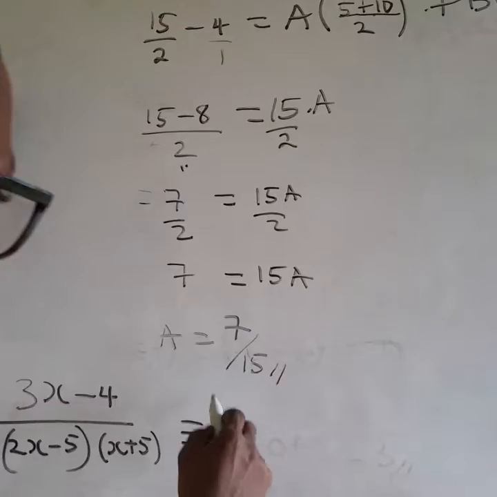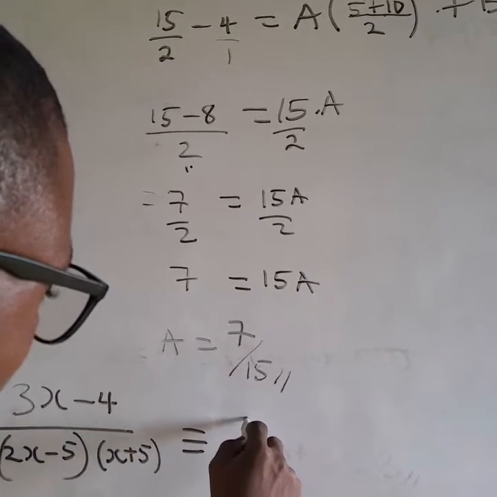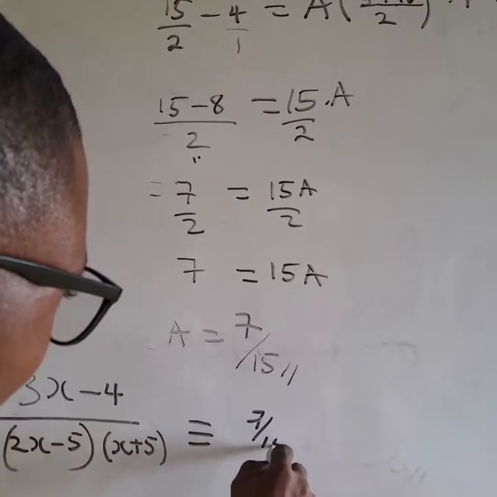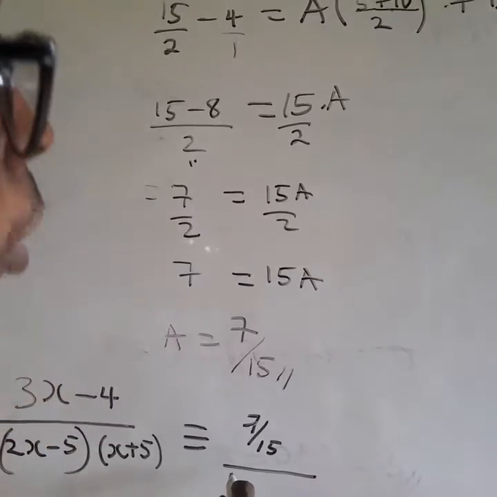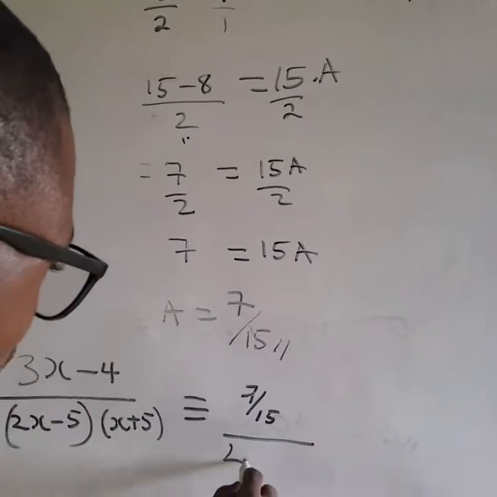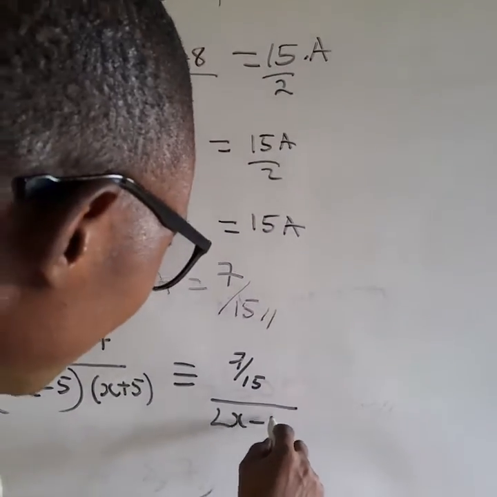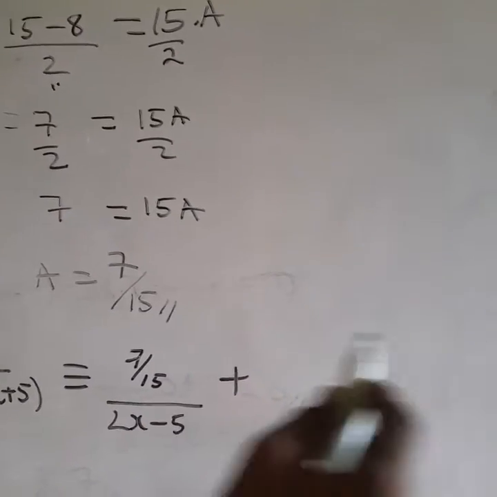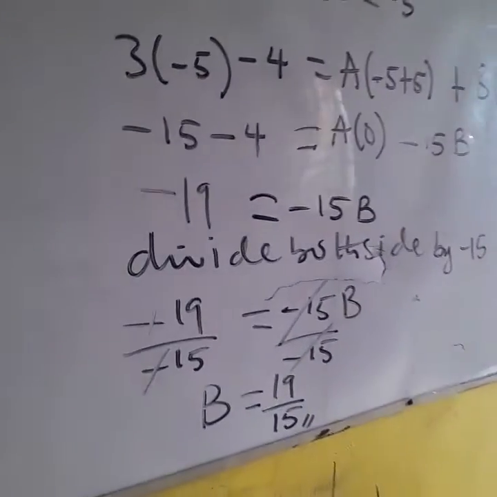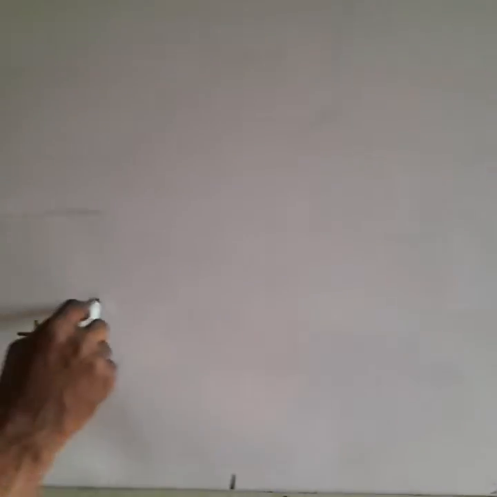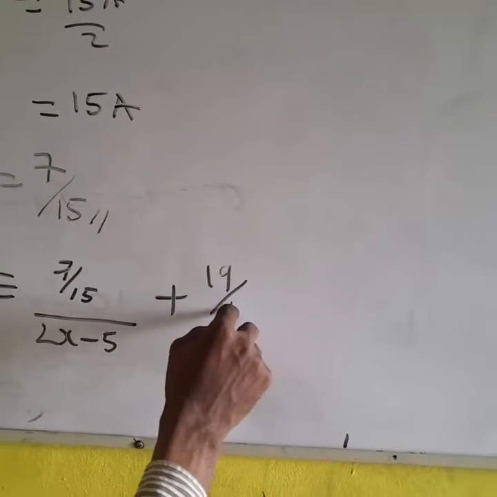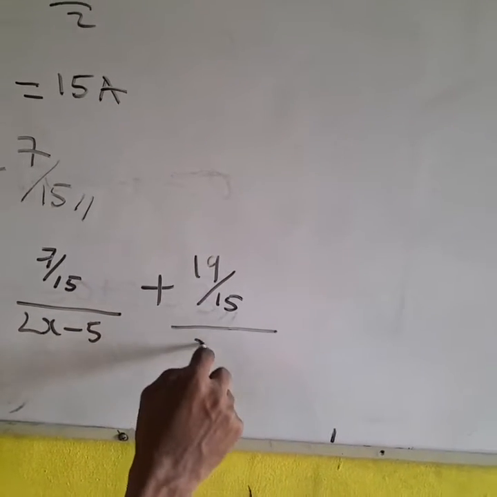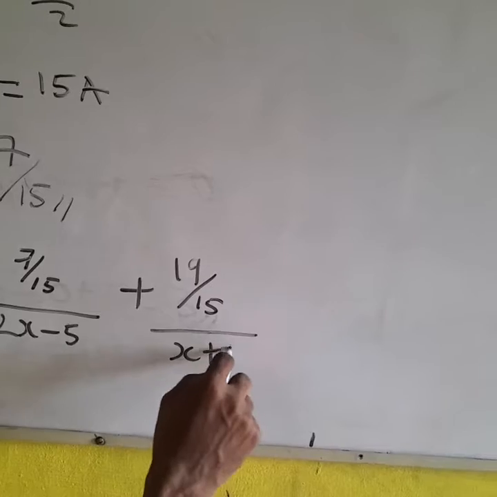A is 7 over 15 all upon 2x minus 5 plus b. B is 19, here is 19 over 15. So we'll put it as 19 divided by 15 all upon x plus 5.